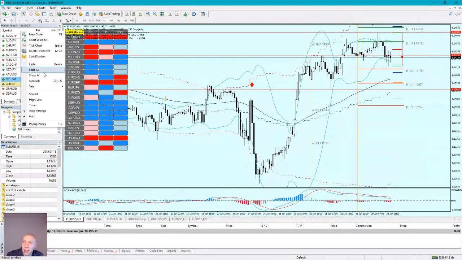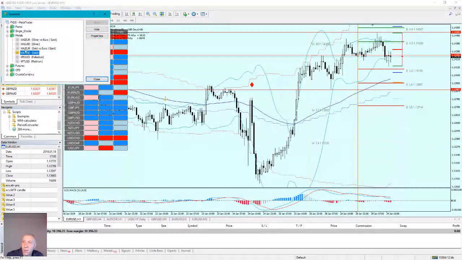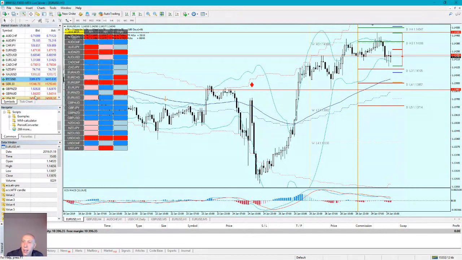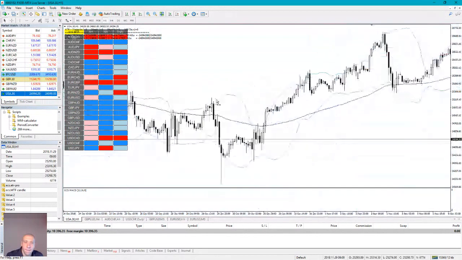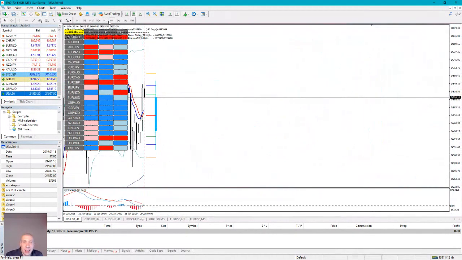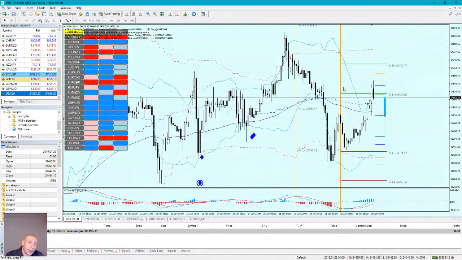Dollar. Let's see. Is it a sell here on the US 30? You see, Velislav, this is not a confirmed sell.